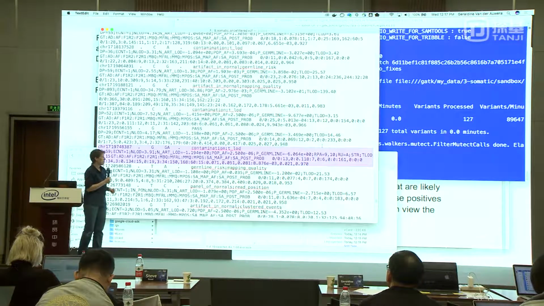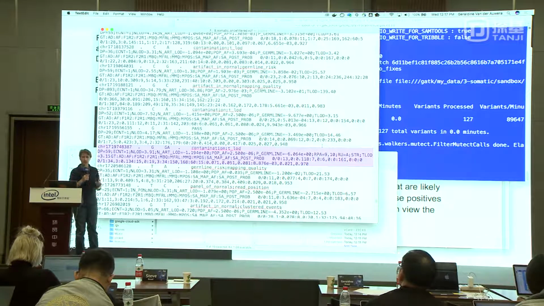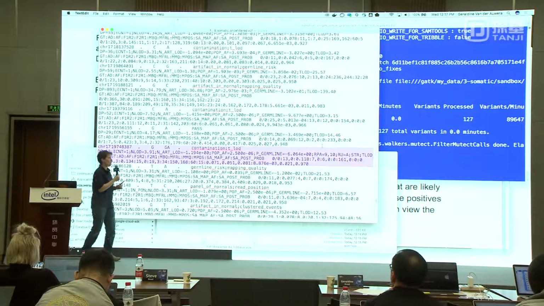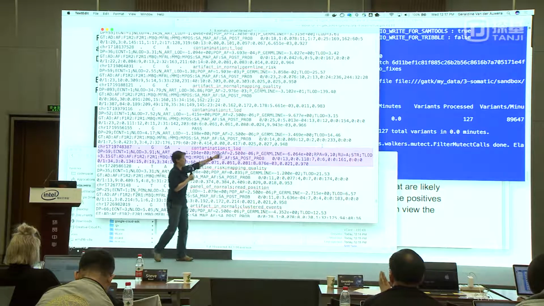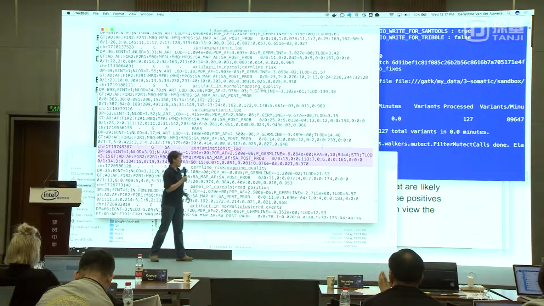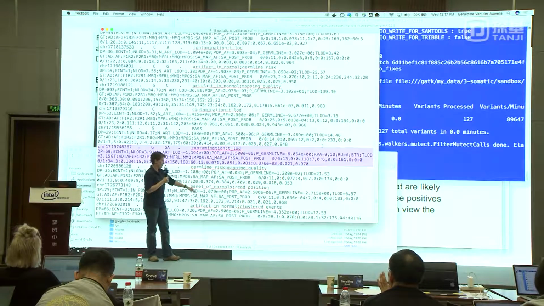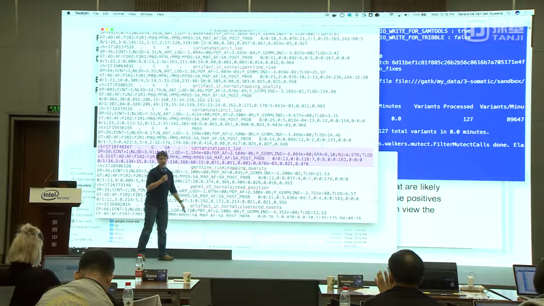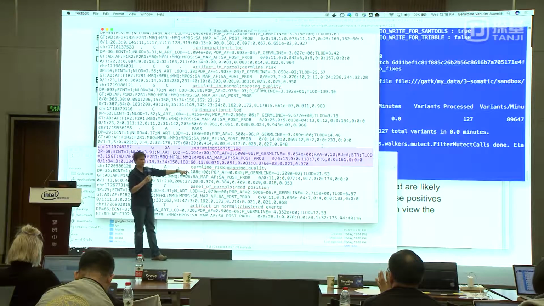Okay? But you'll notice that it's not the only thing that is appearing in the filter field. I have T-Lot here. And if I look at a few other variant records, I actually have other filters that have been applied.